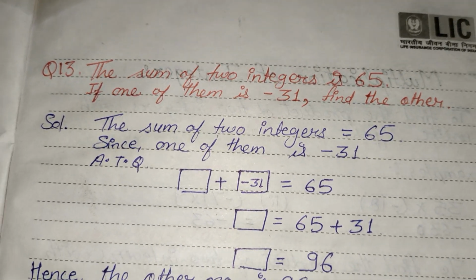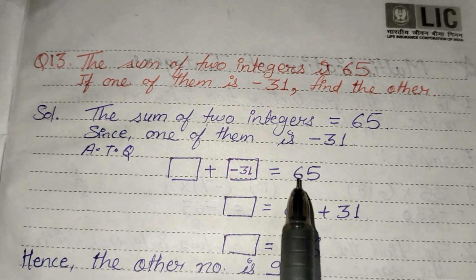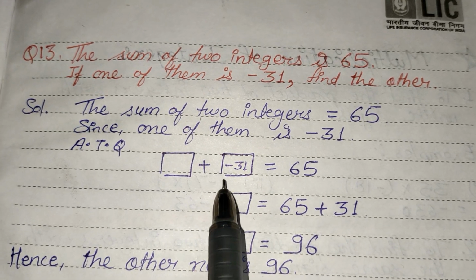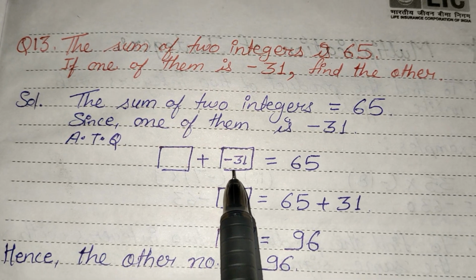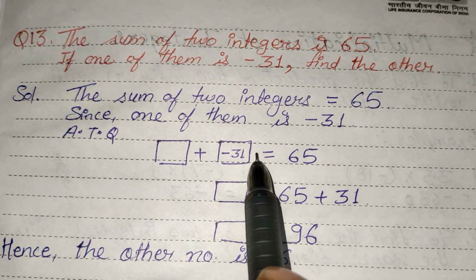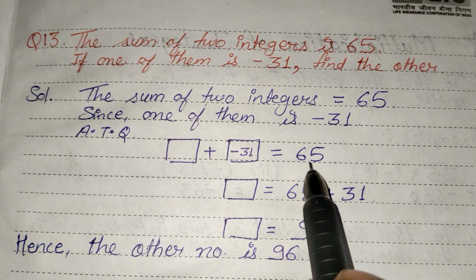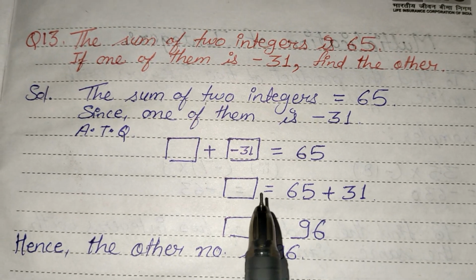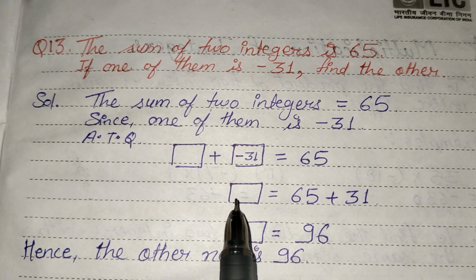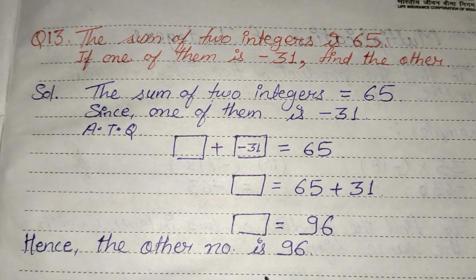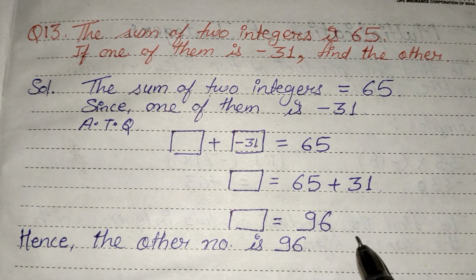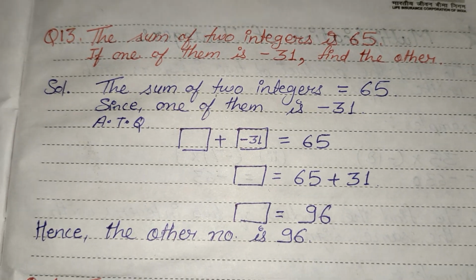Now according to the question, the sum of two integers is 65. So we have to find the other integer. Now transfer this minus 31 to the right side of the equal to. Now you will get the required integer, hence the other number is 96 after solving the equation.